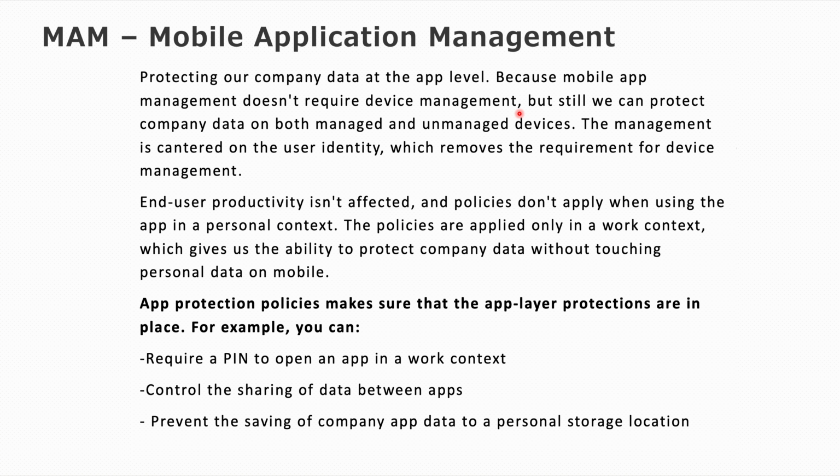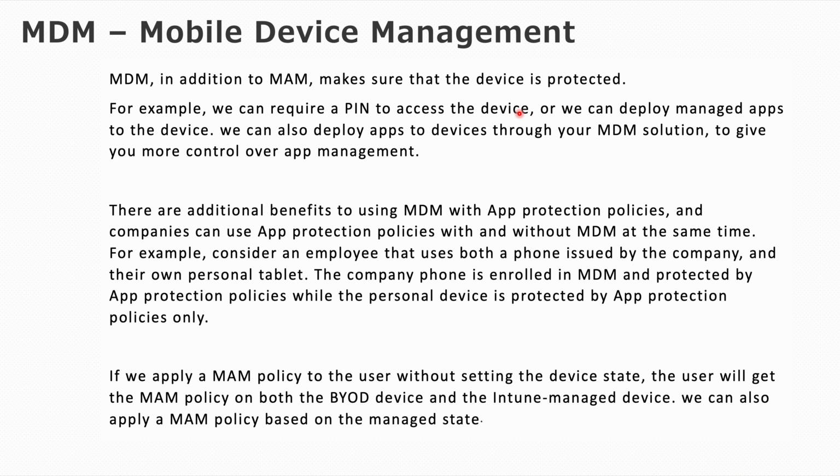For example, you can apply a PIN to open the application in work context, control the sharing of data between apps, like you can't copy, paste and share the data, and prevent the saving of company data to personal storage locations like Google Drive. We have the option to select that data can only be saved to OneDrive or a managed protected application.